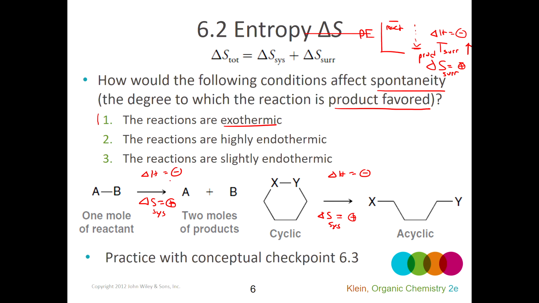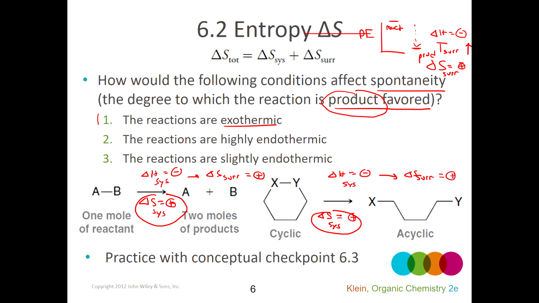So if I have a combination of delta H for the system that's negative and delta S for the system that's positive, that's always going to be product favored, because the entropy of the system goes up and the entropy of the surroundings goes up if the enthalpy of the system is going down. Enthalpy lost, energy goes into the surroundings, temperature of the surroundings goes up, and so the variety of motion in the particles in the surroundings goes up.